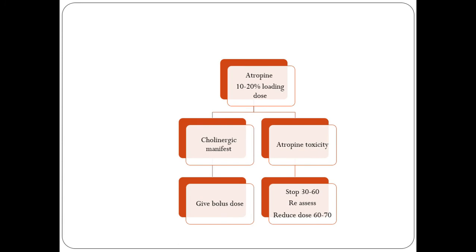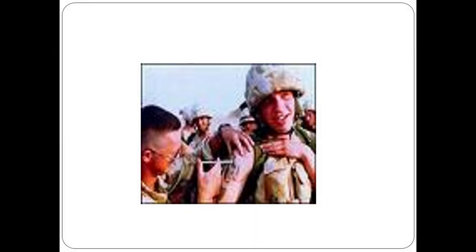Okay, after the patient reaches the target endpoint, we can withdraw atropine gradually to avoid atropine toxicity. If signs of atropine toxicity appear in the patient, we can stop for 30 to 60 minutes, then reassess the patient, but take care to avoid atropine toxicity in cases of treatment of organophosphate poisoning.